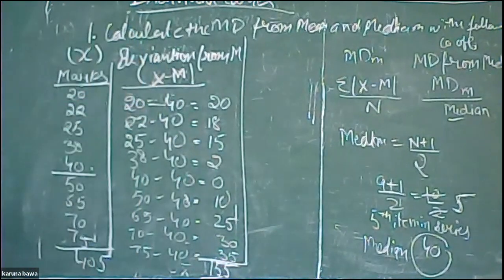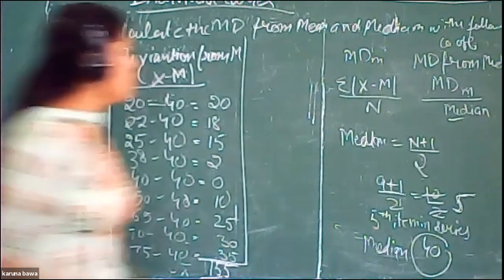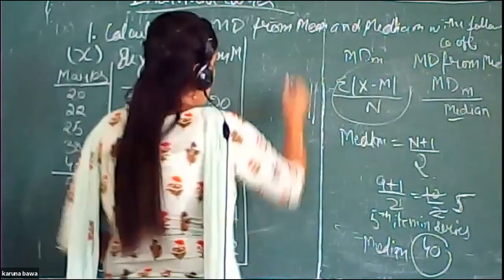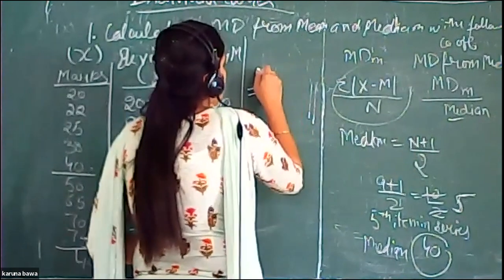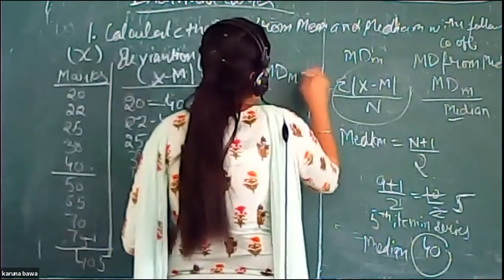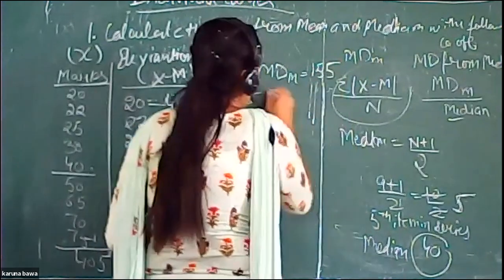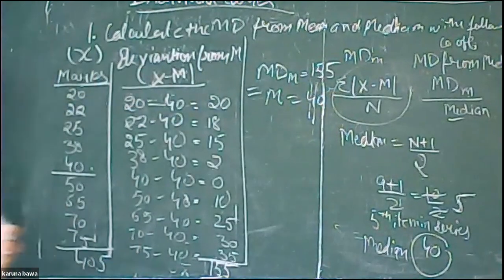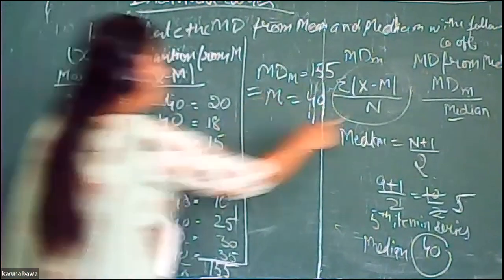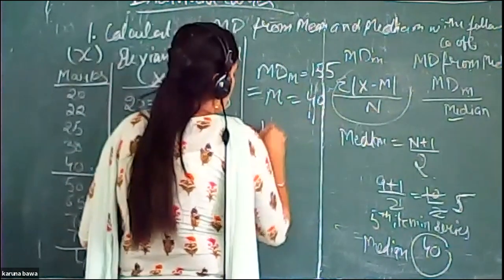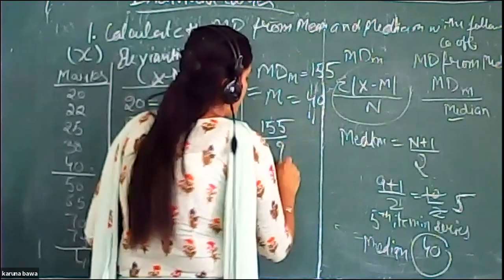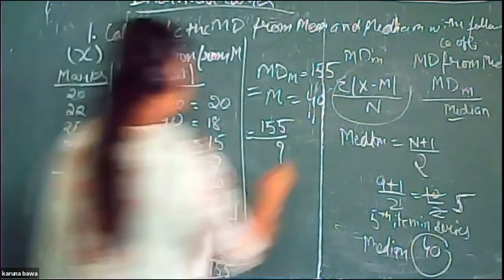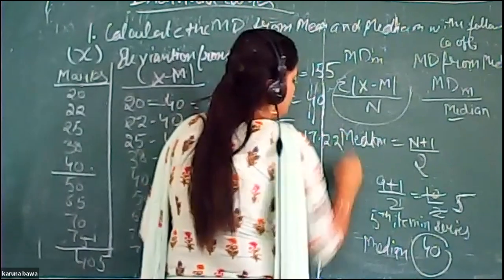Then with this formula, 155 divided by 9 gives 17.22.